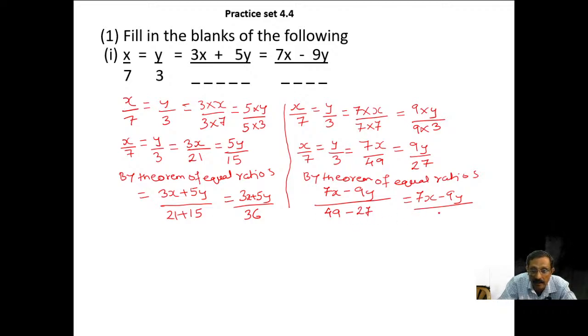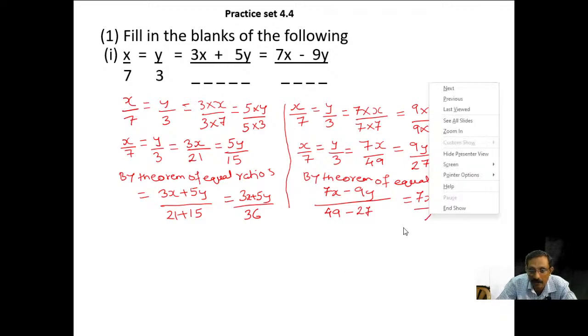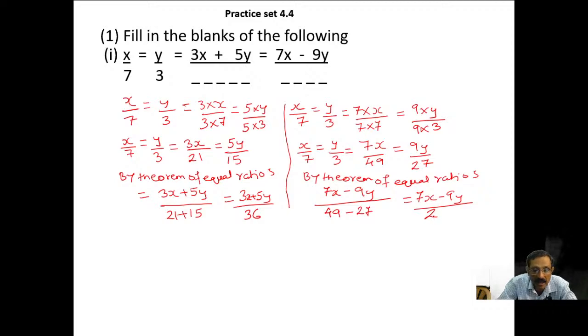If I take away 27 from 49, I get 22. So what I will be getting here is 7x minus 9y upon 22, and the answer for the other blank is 36. As simple as we are using.